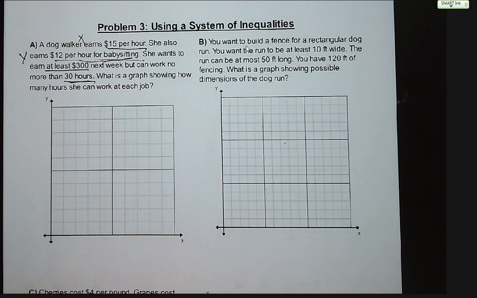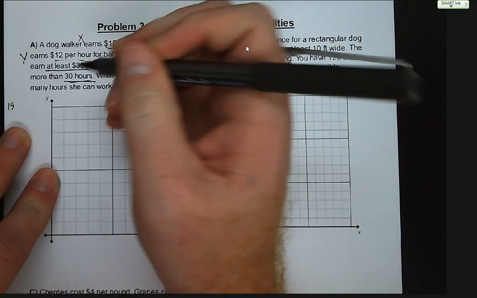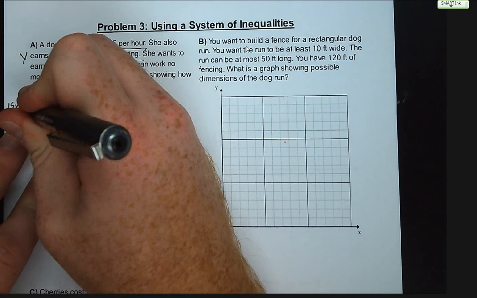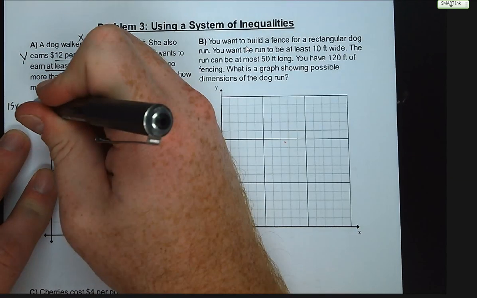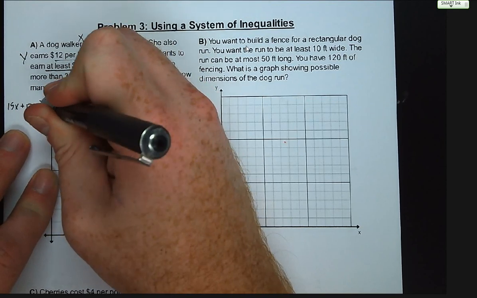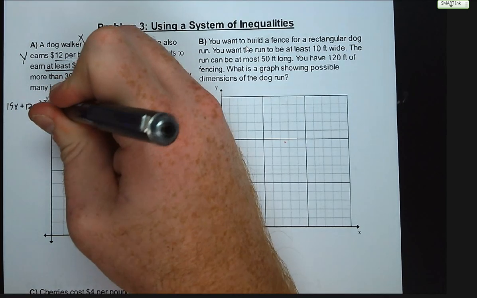So, first of all, we've got two inequalities that we can write. She wants to earn at least $300. So we're going to say $15 times the amount of hours she's walking dogs plus $12 an hour times the number she's working babysitting is greater than or equal to the 300 that is her goal.